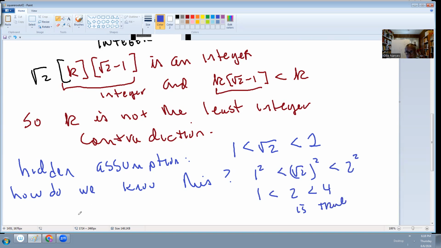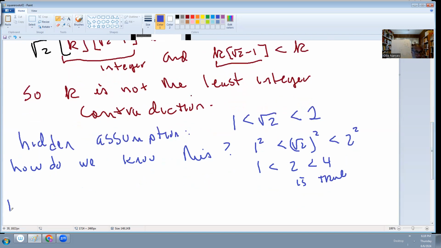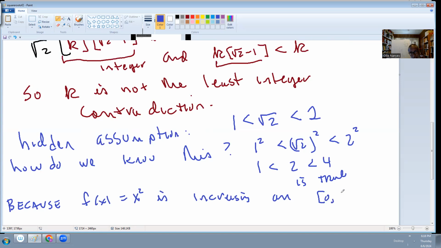And it's true because the function f of x equals x squared is increasing on the non-negative reals.